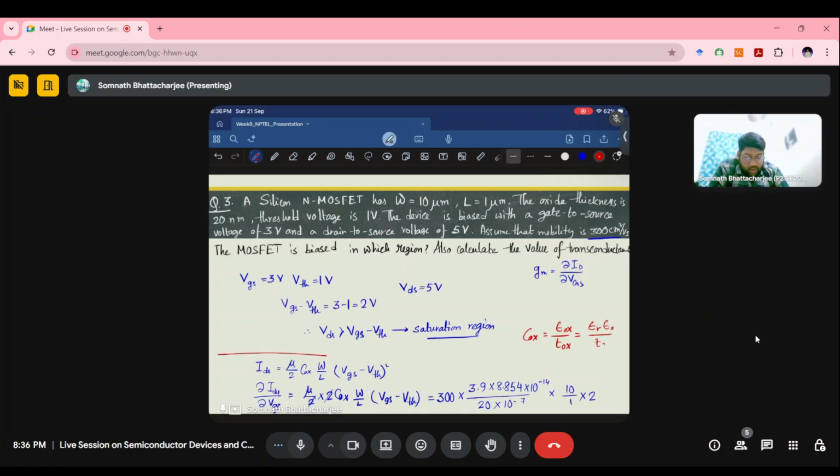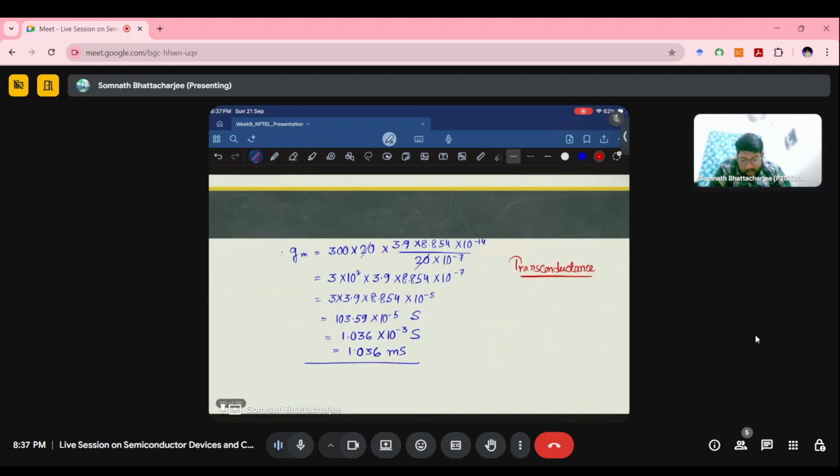As we have already known, this is silicon in MOSFET, so epsilon r is 3.9, and epsilon naught we know the value, that is 8.854 into 10 to the minus 14, and Tox we already got from the question, that was 20 nanometers. So we have just directly put this value. Is it okay? Okay, sir. Thank you.